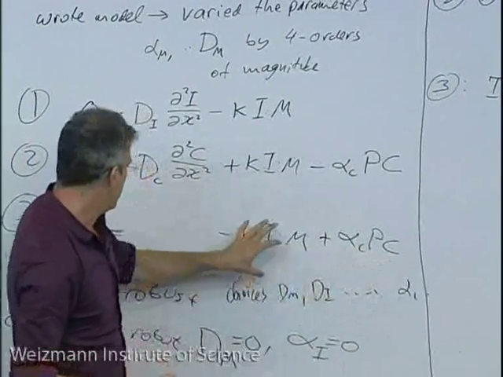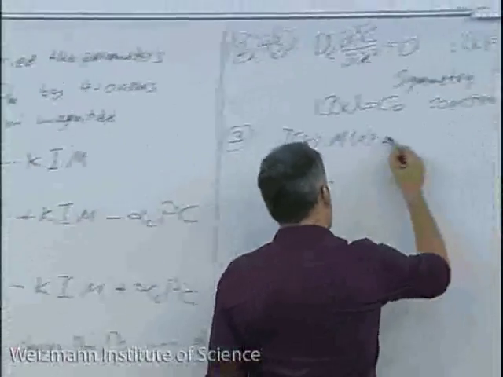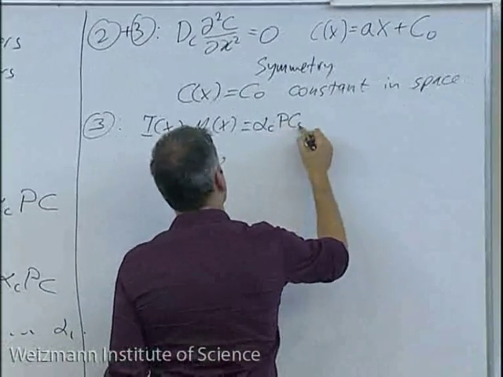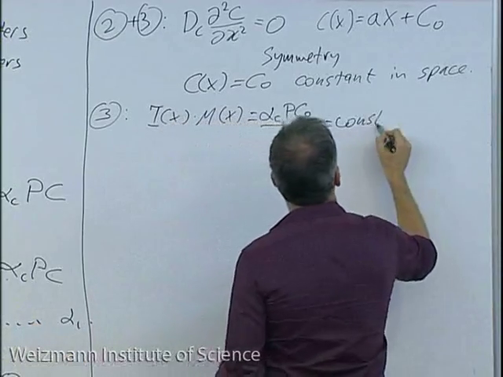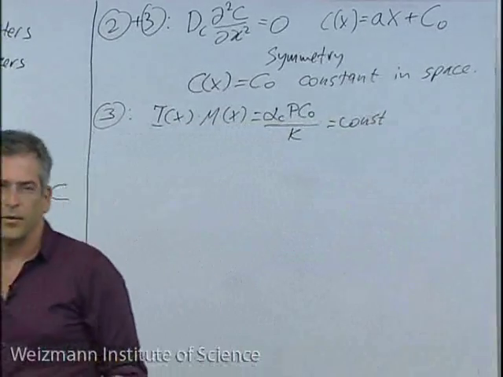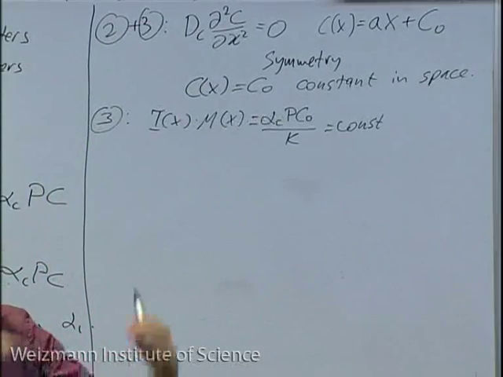So the product of I and M is alpha C P C0 divided by K, which is also constant. That means that where there's high inhibitor, there's low morphogen. That makes sense, right?